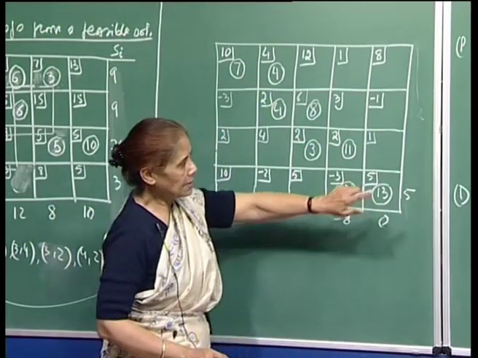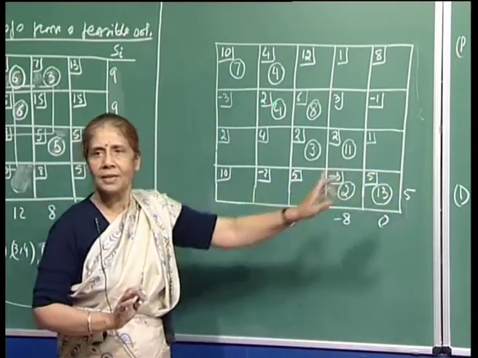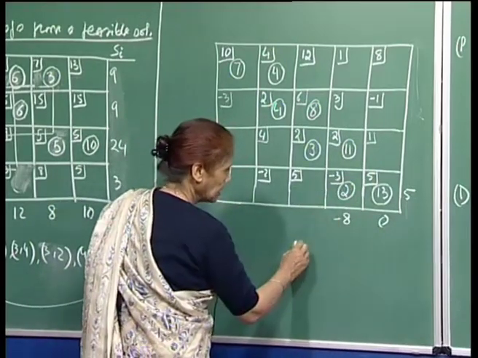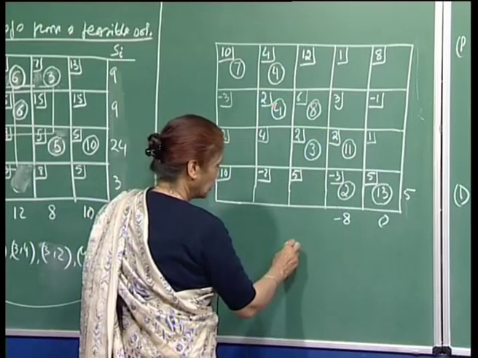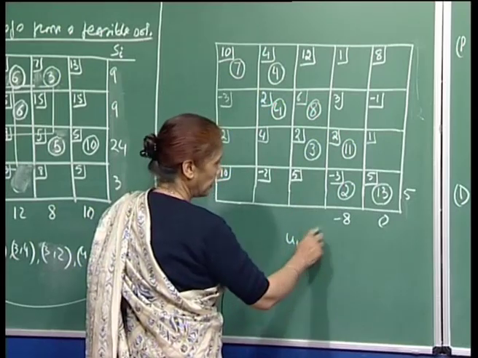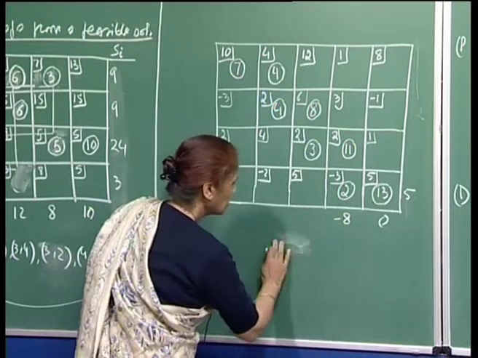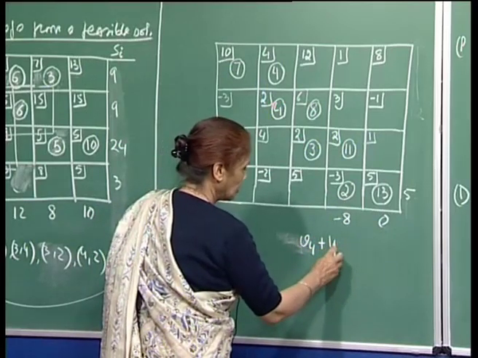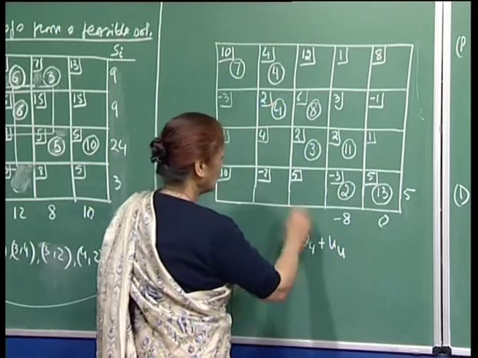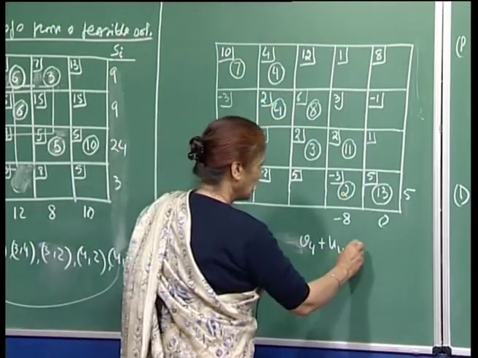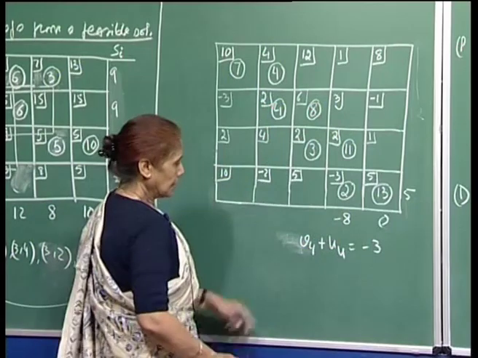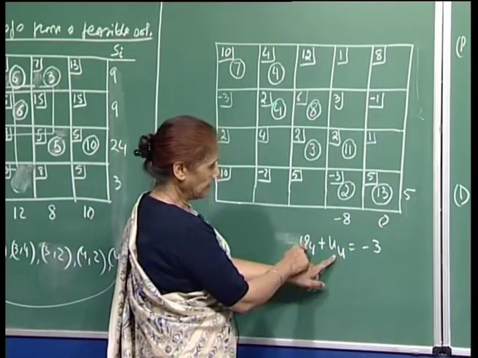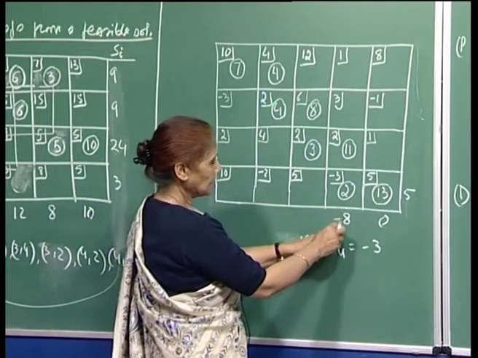You see for the basic cells the dual constraints have to be satisfied as equality, right. So, here the corresponding dual equality constraint is, this is 1 2 3 4, so this is v 4 plus u 4 should be equal to minus 3. Now I know that u 4 is 5. If u 4 is 5, v 4 will become minus 8.